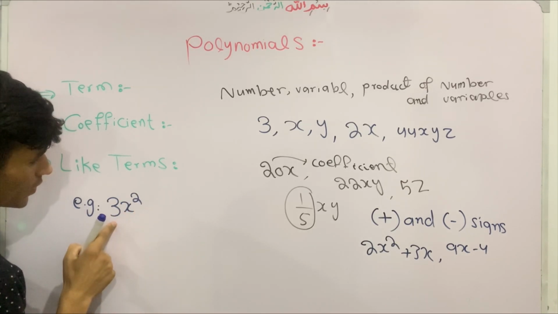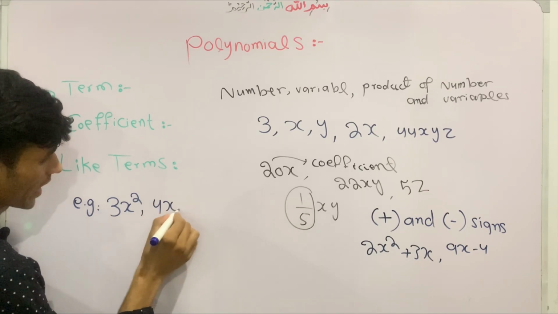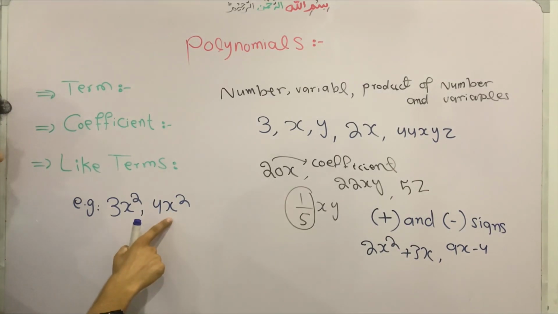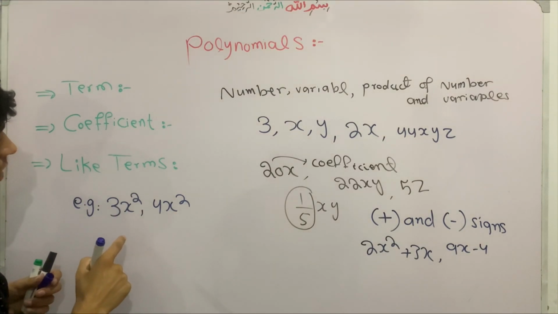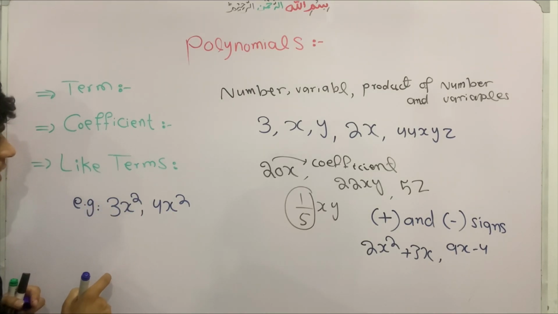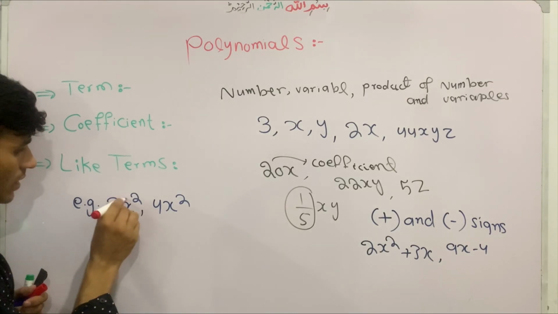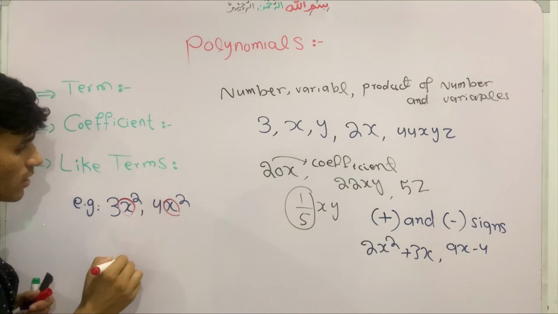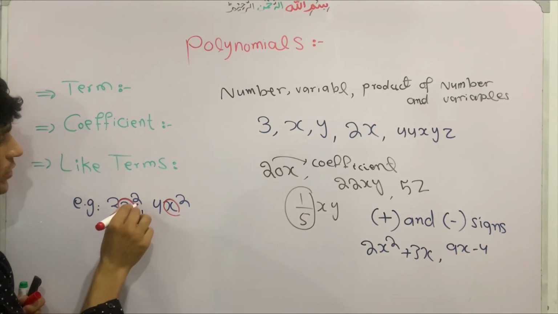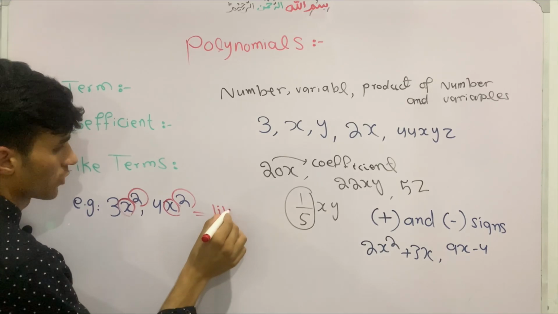This is our first term, and 4x squared. This is our next term. So if we are asked whether these two terms are like terms or not, you should think of the variable. Their variable should be the same. So here the variable is x, here the variable is x. Then you should think of their powers, 2 and 2. So these are like terms.